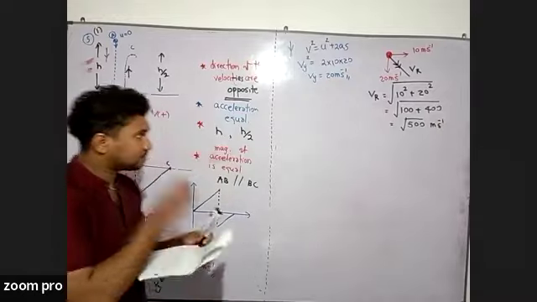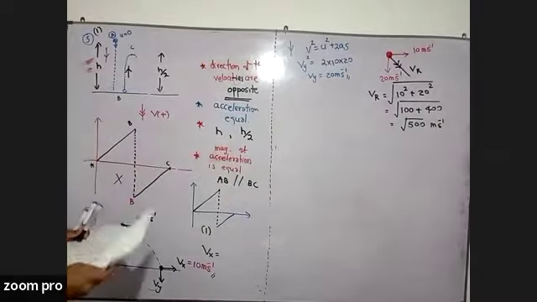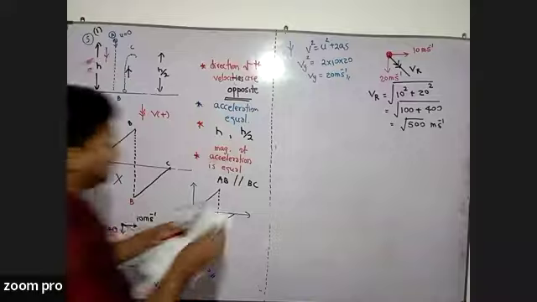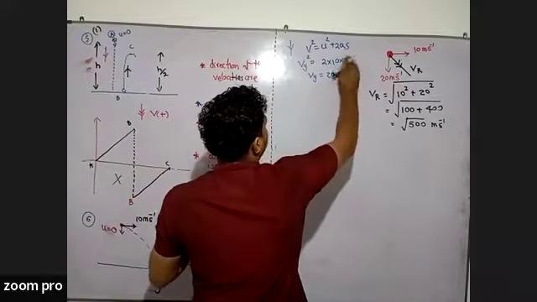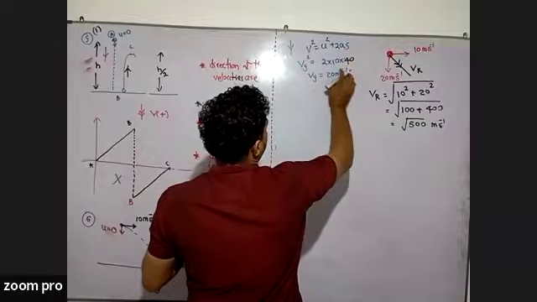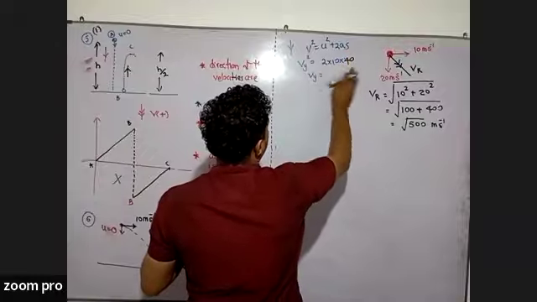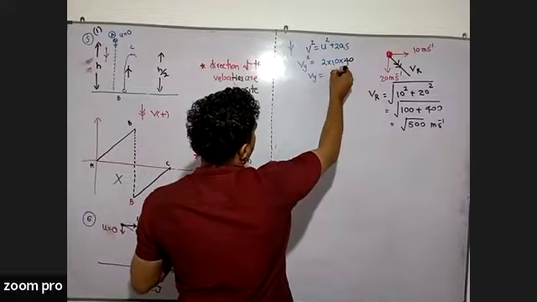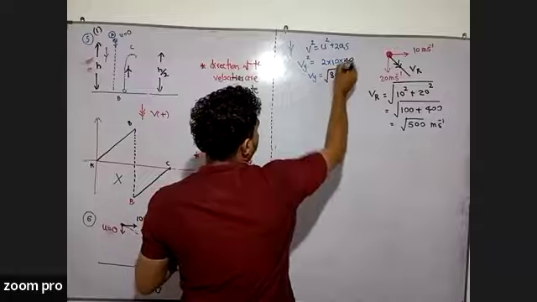Sorry, here it should be 40 meters, right? Then it should be root 800.